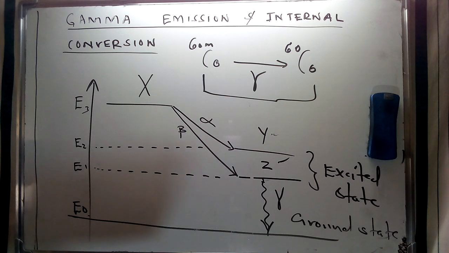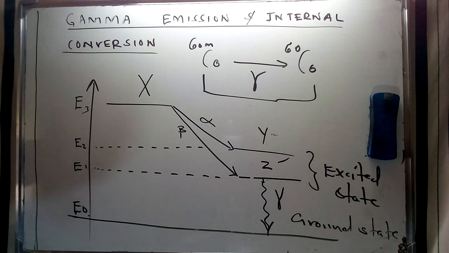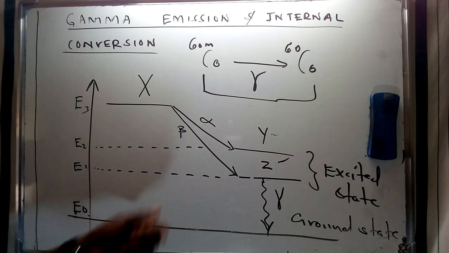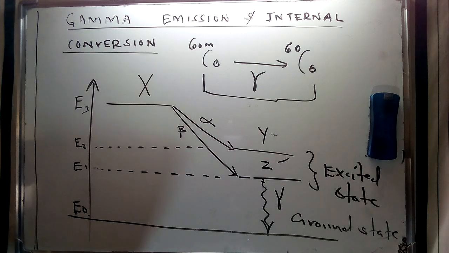If there is no release of gamma rays, but transfer of this energy to the orbital electrons, there's going to be a different term that we refer to this. And of course, this is the basic term that we had mentioned earlier in our discussion, which we had referred to as the concept of internal conversion.